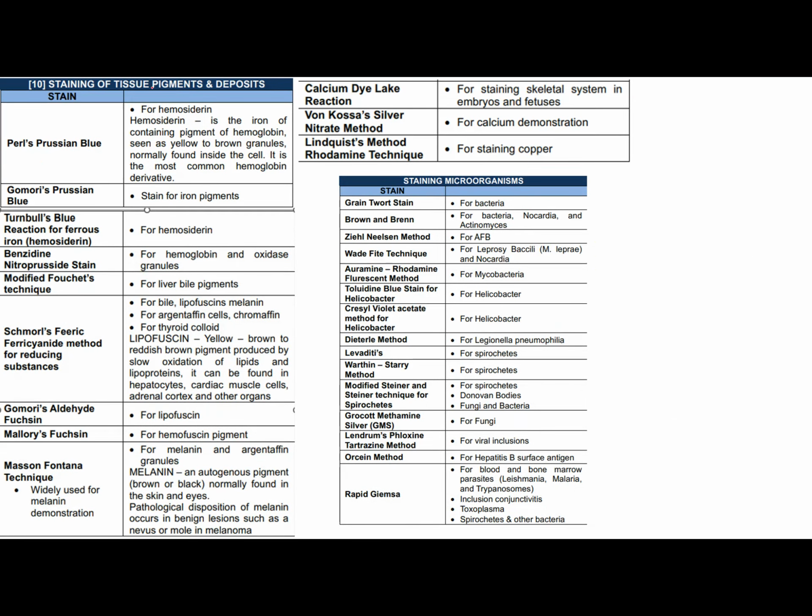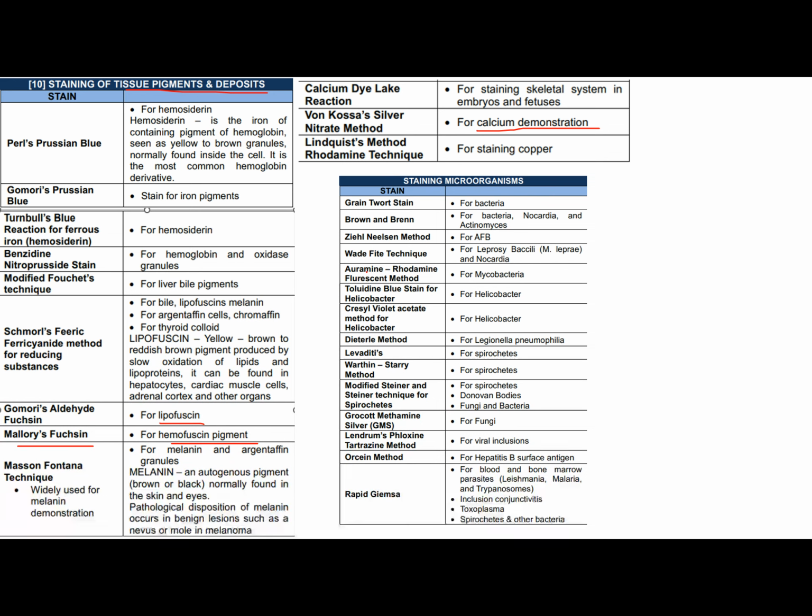Then we also have stains for tissue pigments and deposits. A good example here is Gomori's aldehyde fuchsin, which is used for lipofuscin. Mallory's fuchsin for hemofuscin pigment, as well as von Kossa's silver nitrate method for calcium demonstration. Now, the special stains could also be used for staining microorganisms.